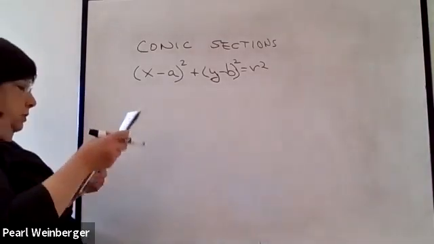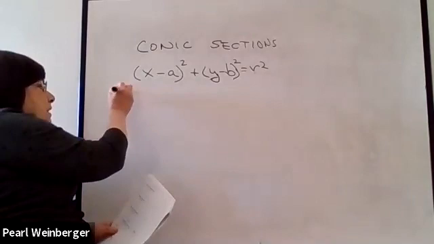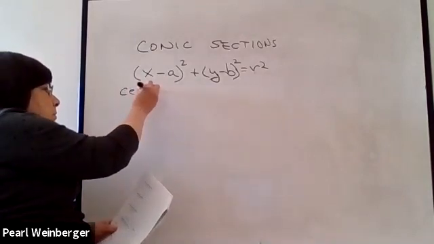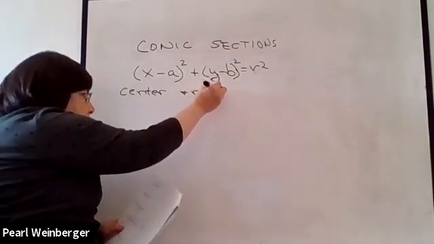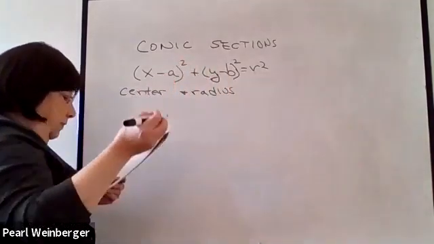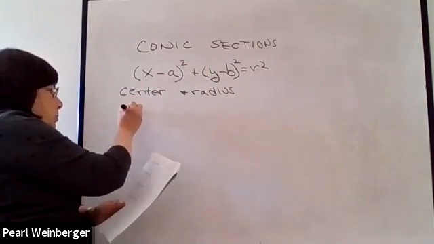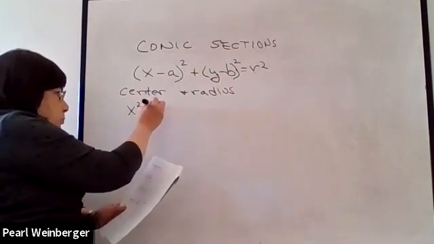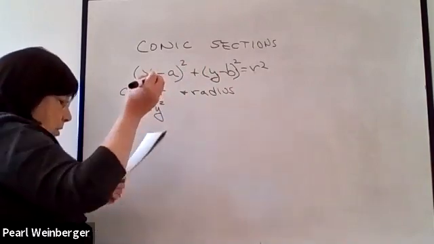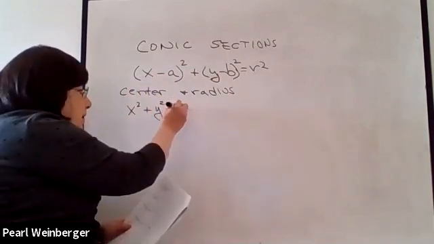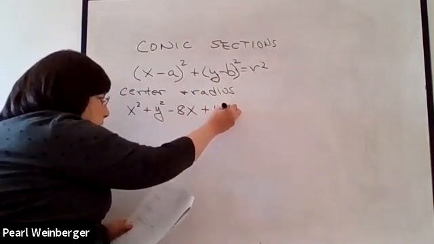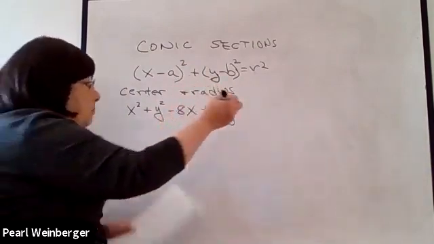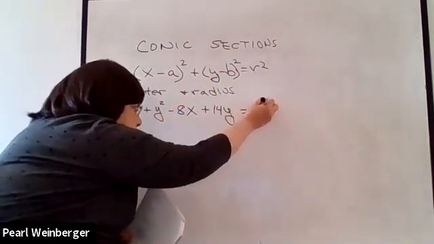Here's an equation. It says, find the center and radius of the circle x squared plus y squared minus 8x plus 14y equals -61.